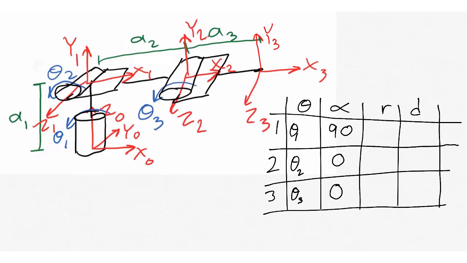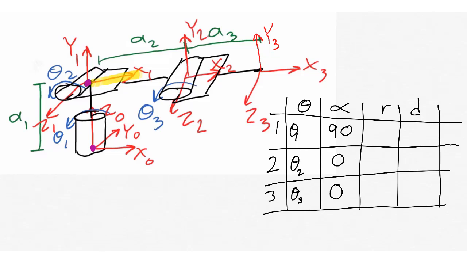Let's do the R column. R is defined as the distance or displacement between the centers of the two adjacent frames along the xn direction. So to find the first row R, we're going to look at the displacement from the center of frame 0 to the center of frame 1 in the x1 direction.